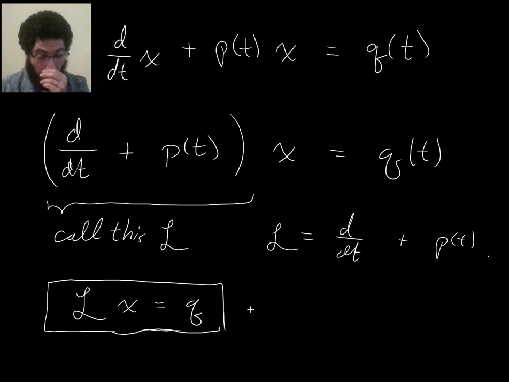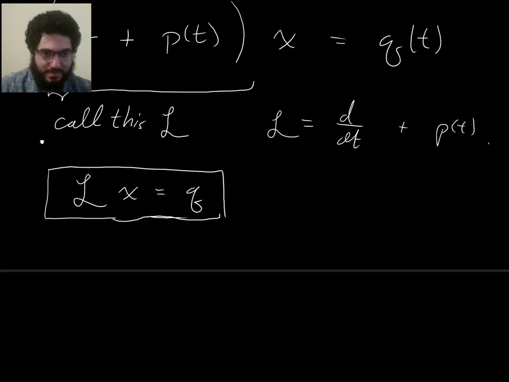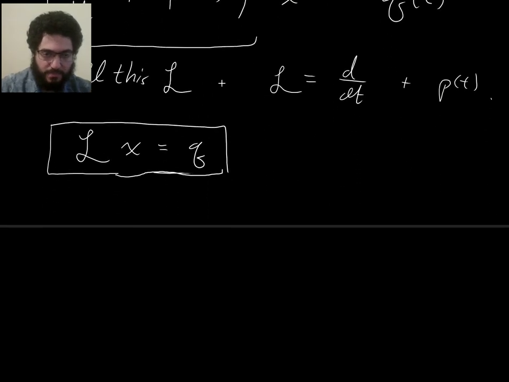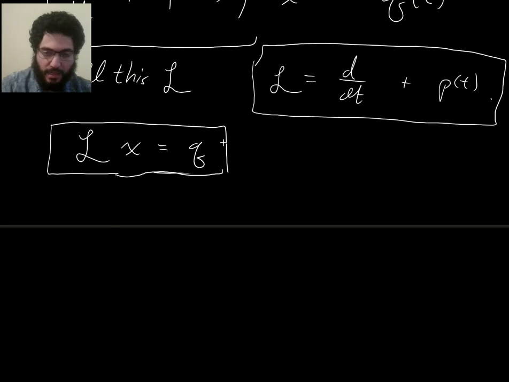So, you should not yet be convinced that this is linear. This is something we need to check. So, let's do that. So here's the definition of L. And the vectors in this picture are functions.